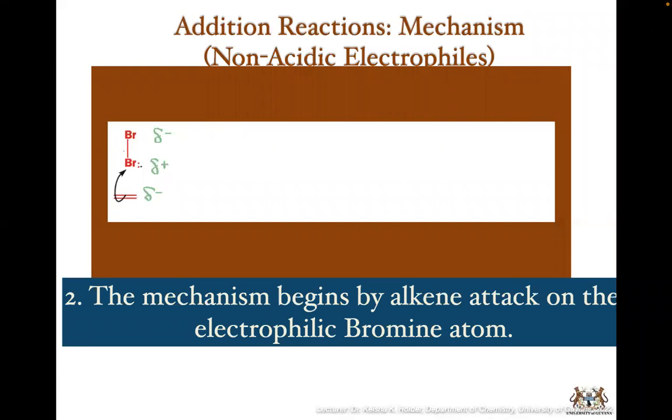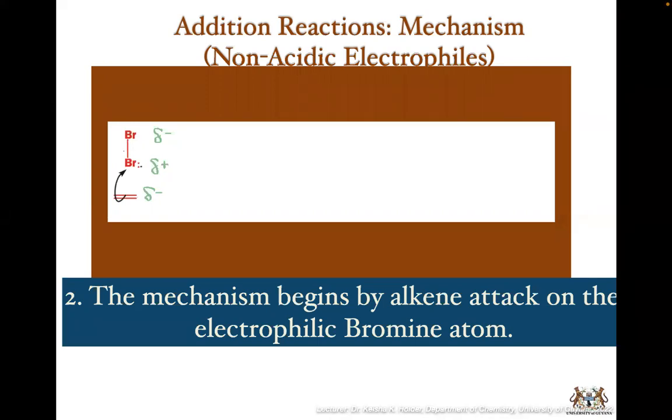And so you see that there is an alternating series of partial charges among the species. So it's possible for us to have two electronegative elements directly next to each other and still undergo nucleophilic attack. And the reason why that's possible is because of electrostatic induction.